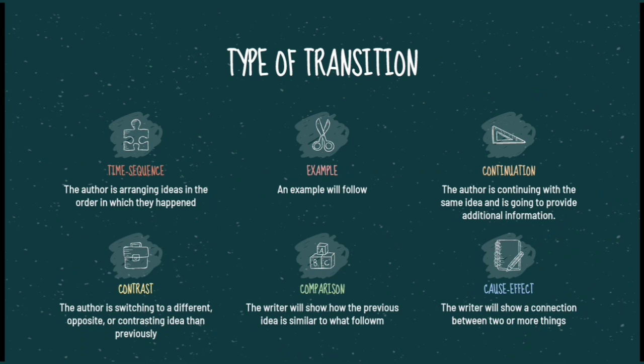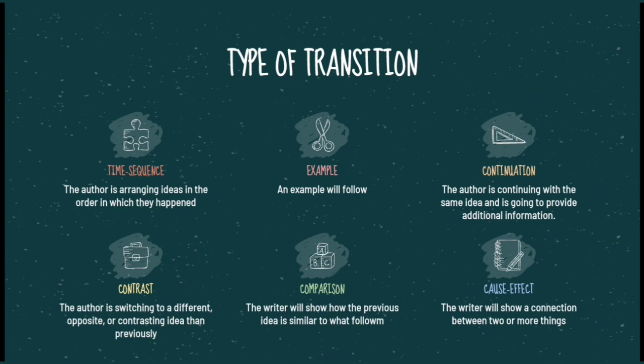Examples are on the other hand, in contrast, however. Next, comparison. The writer will show how the previous idea is similar to what follows. And the examples are like, likewise, and similarly.